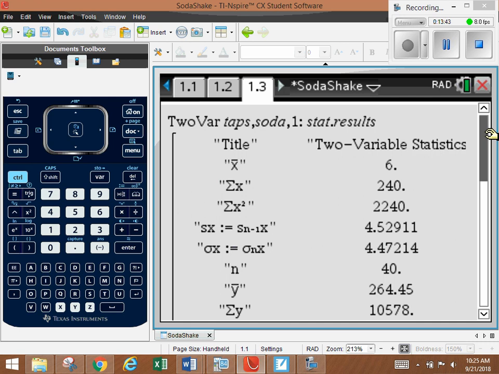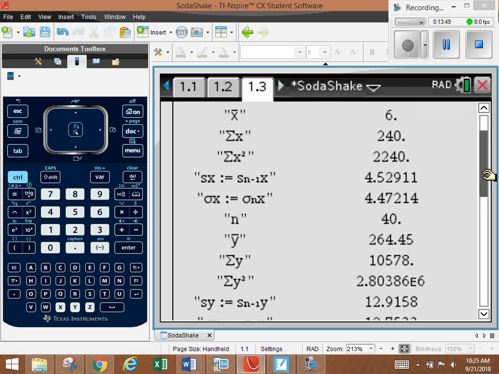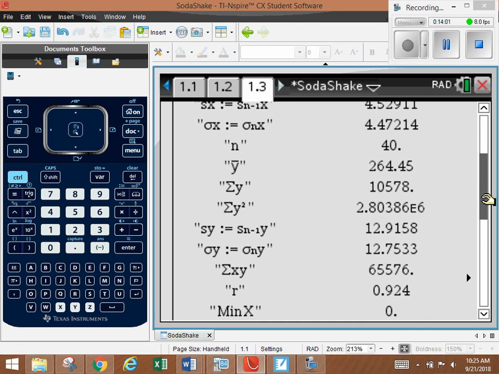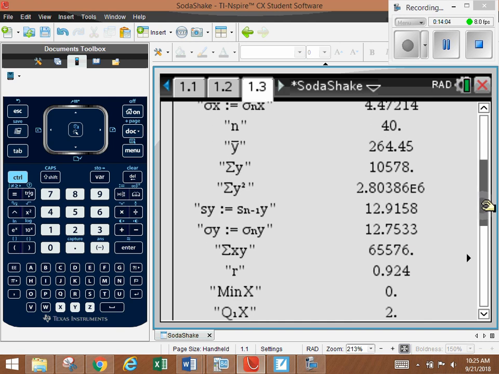Let's talk about each of these things. First one, clearly the mean of X. We don't need to add other stuff, but we really like to have the standard deviation of X here. That's very nice. There are 40 X values, right? We have the mean of Y. Also a very useful thing if you think about it, right?